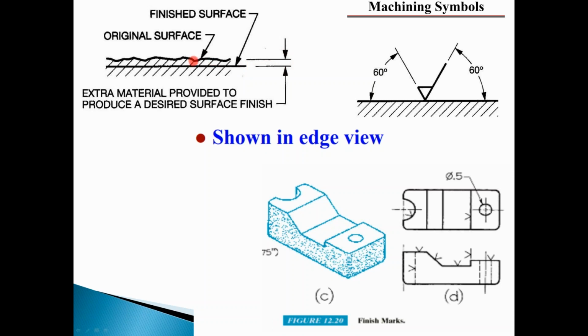This is going to be the original, and now you're going to have to reduce it in order to make it smooth. Again, the finished surface can be shown with a check mark, and this check mark shows all these surfaces must be finished, must be really smooth.